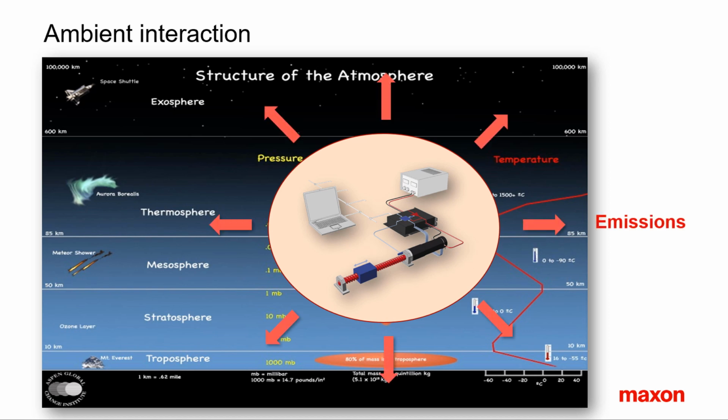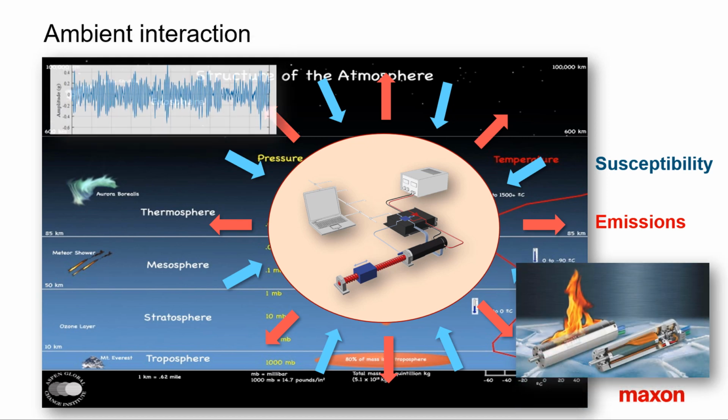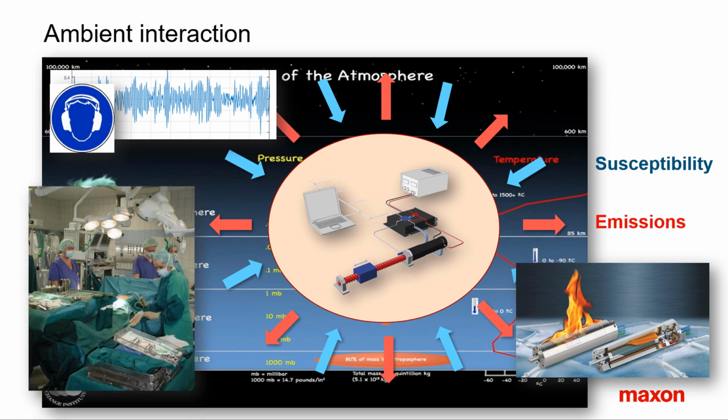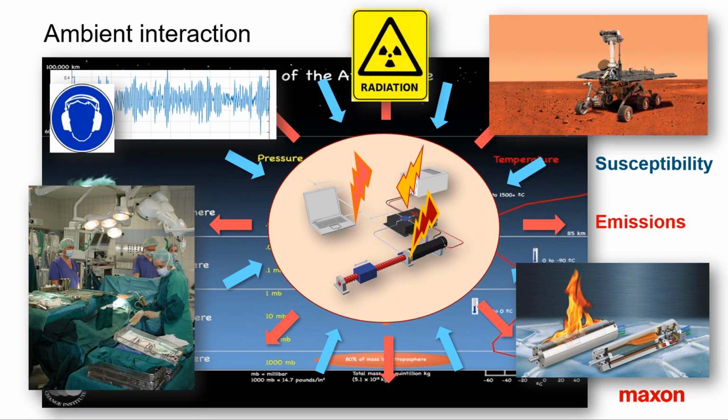On the other hand, any system is susceptible to ambient conditions. Some special conditions and requirements include temperature, noise, vibration and shock, sterilization, ionizing radiation, electromagnetic interference. Space applications combine a lot of these special ambient conditions, including vacuum.